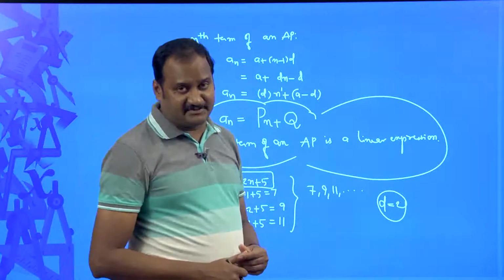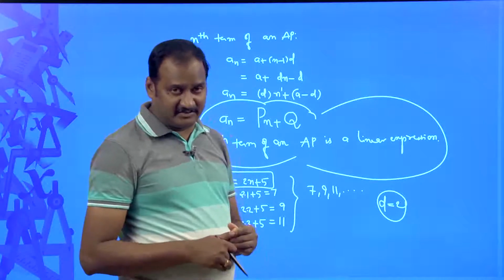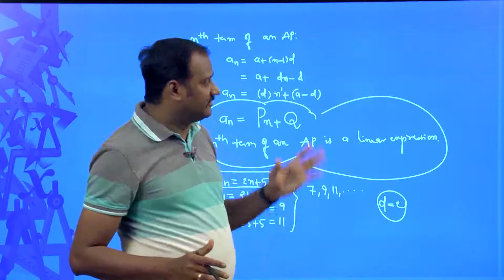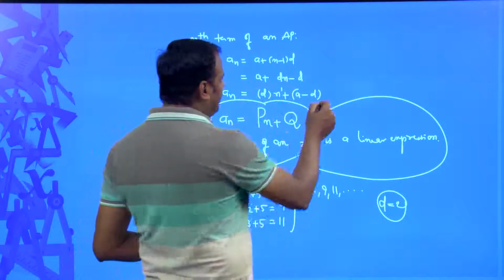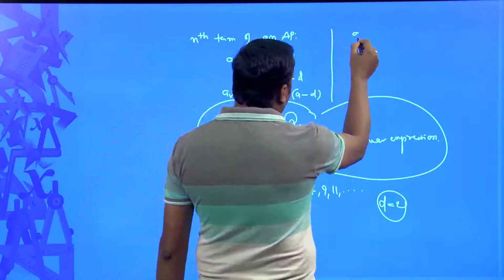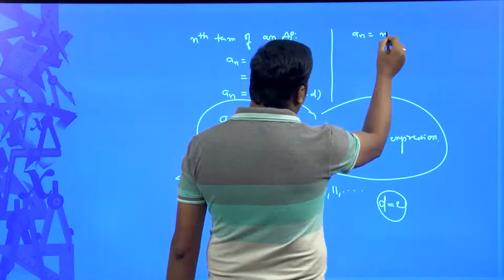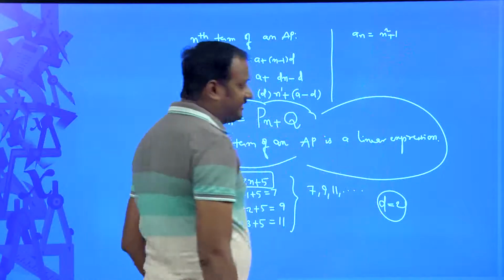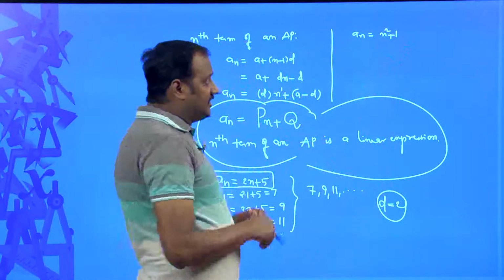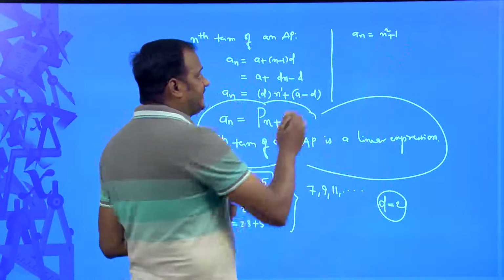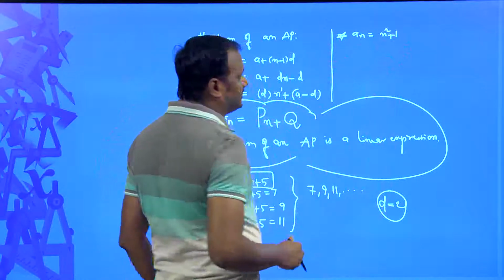If it is not a linear expression, will it form the nth term of an arithmetic progression? Absolutely not. I will explain by taking one example: a_n = n square plus 1. Now I am going to check whether this is the nth term of an arithmetic progression or not.